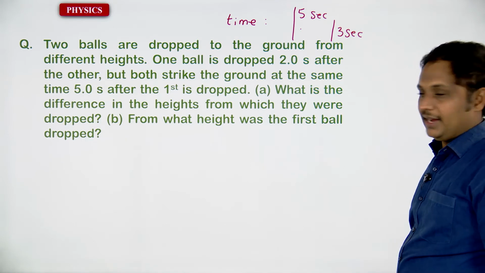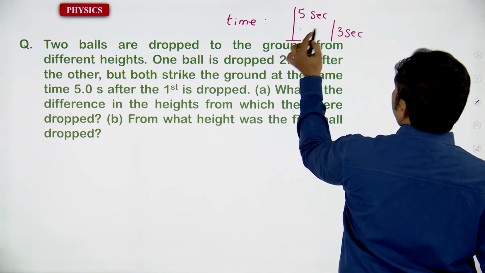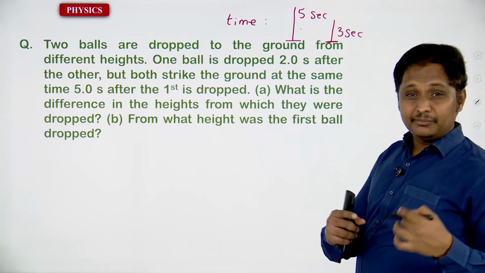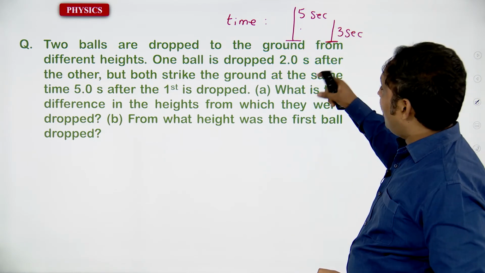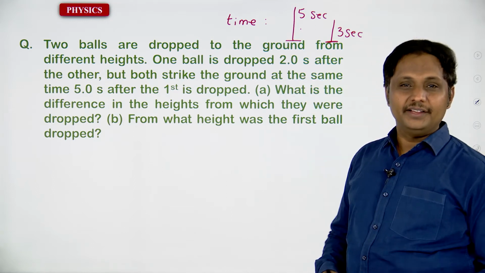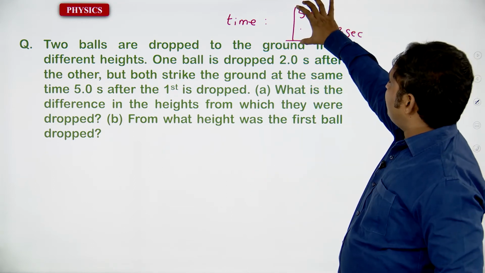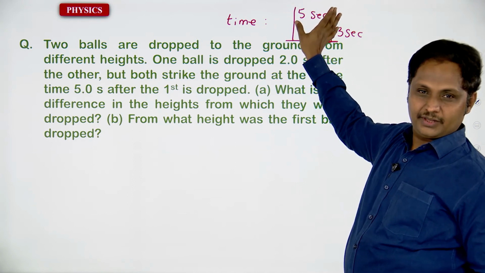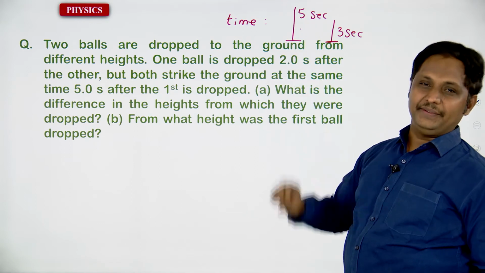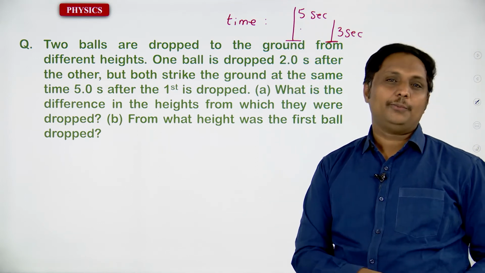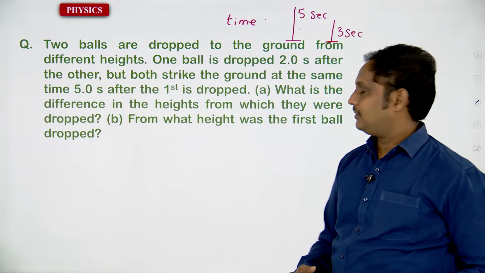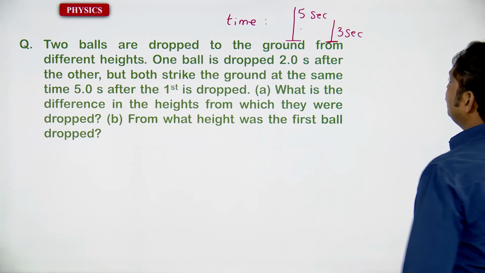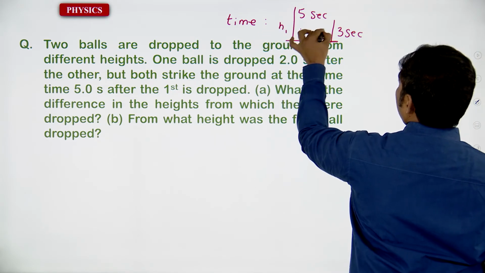Okay, it's very clear. You need to get that there exists a time delay of 2 seconds. So the total journey for the first ball is going to be 5 seconds, let's assume. For the second ball you can take 3 seconds. It's very easy for you, you will solve the problem. All right. Okay. Right. So this is going to give us H1 and H2.